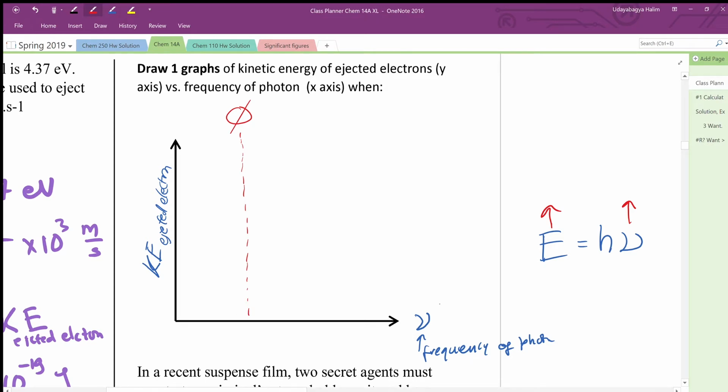If your frequency is small, is your energy high or low? So what would be the kinetic energy of the electrons? It's 0 until you reach the threshold, and it's basically the same graph that we had from the previous example. So this is low energy, and this is your threshold.